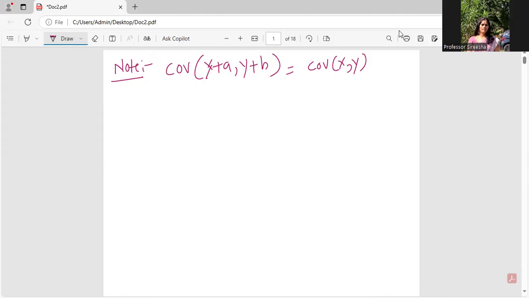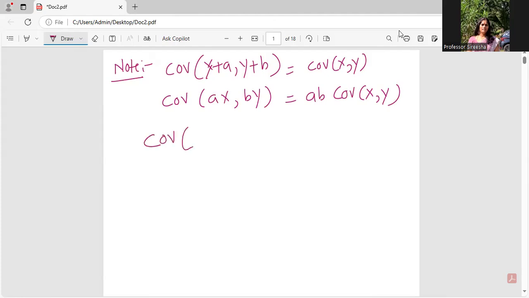Okay. Suppose I have covariance of ax and by, then a and b would be pulled out, and then it would be covariance of x and y. Okay. And then how do I define covariance?